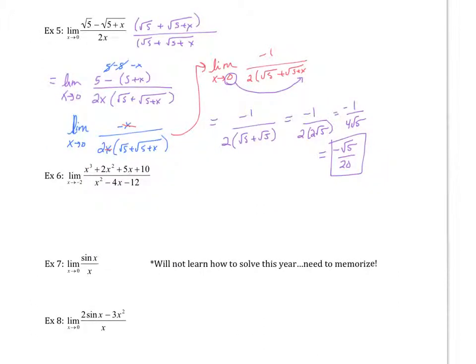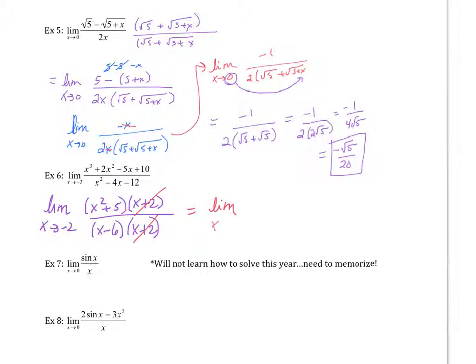In example 6, the obvious choice is to go ahead and try factoring both of these polynomials. The numerator is something I would factor by grouping because it has 4 terms, and the denominator I can easily factor via trinomial rules. After factoring, we can see that the common factor x plus 2 can cancel, and we now have an expression where I'm allowed to directly plug in my negative 2.